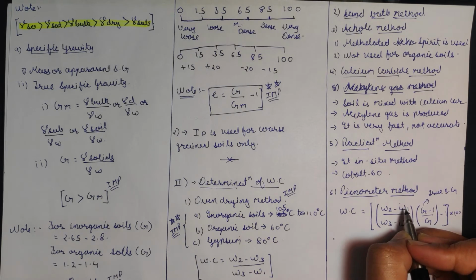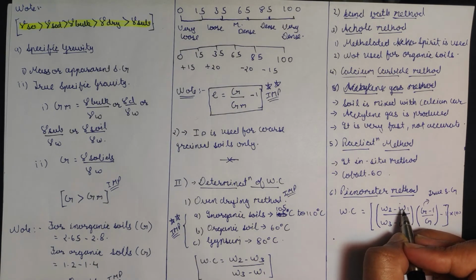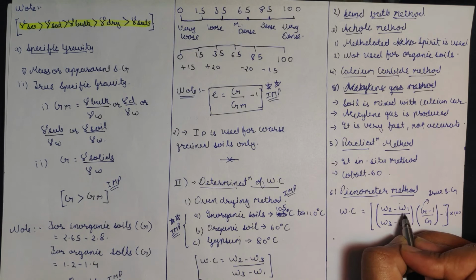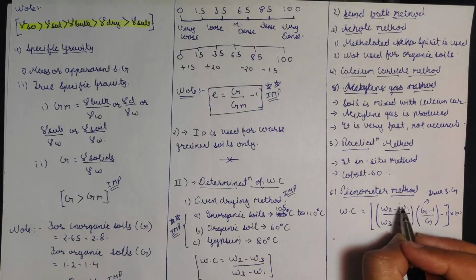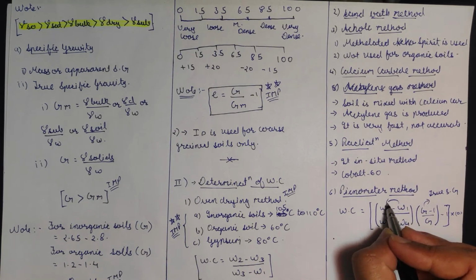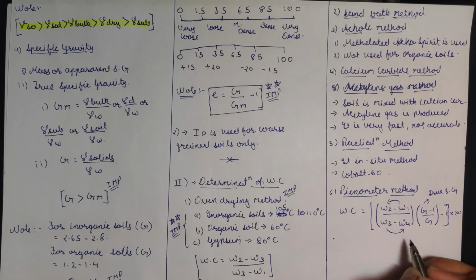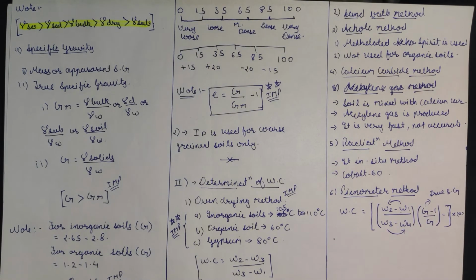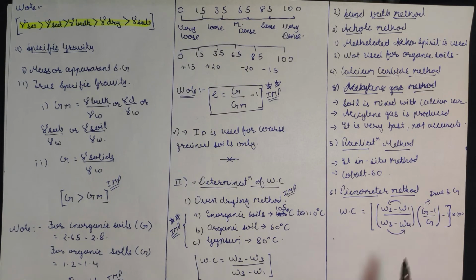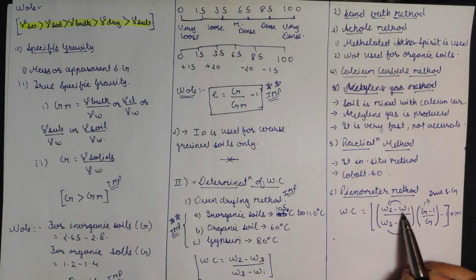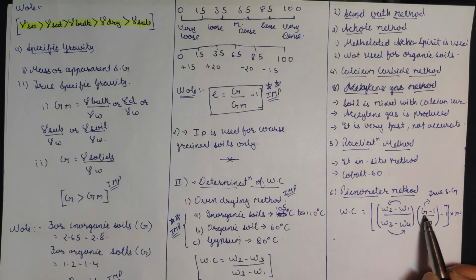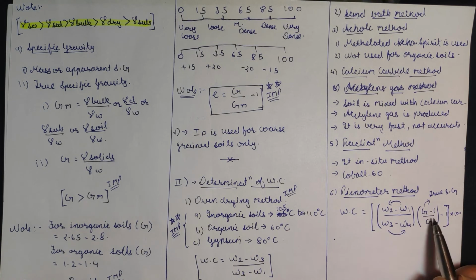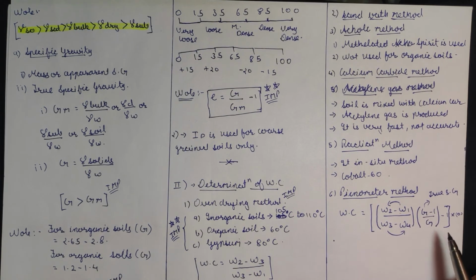If we start an anti-clockwise cycle from this W1, we get W1, W2, W3 and W4. So here is an easy trick to remember this formula. We just start writing from here, W1, W2, W3 and W4 anti-clockwise, and this part we have to remember.